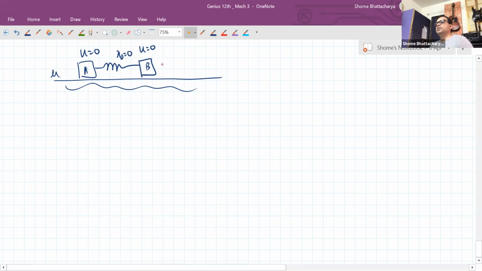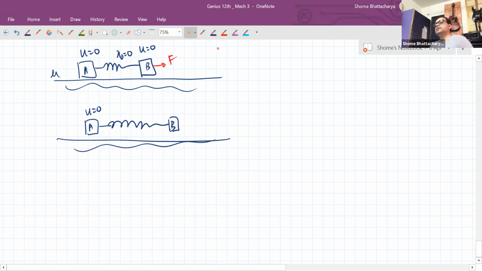And we start applying this force F. So after some time, if A is still at rest, okay, but now under the action of the force, B has developed some velocity V. So at that point of time, you can see that the spring force acting is like this. The friction acting is like this because it's kinetic friction.